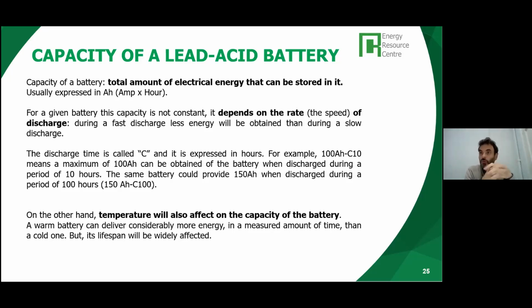For instance, a battery that is rated at a capacity of 100 amp hour would mean that it can give us 1 amp during 100 hours, or can give us 10 amps during 10 hours.